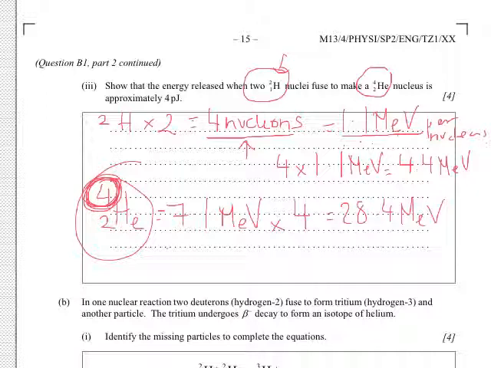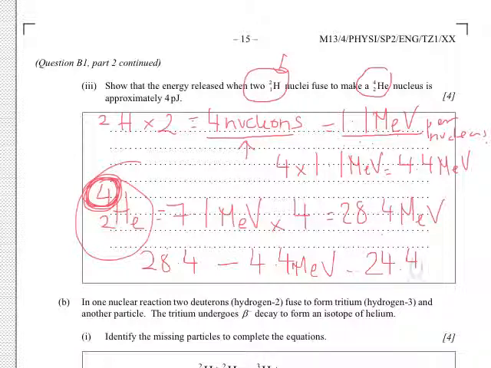So, how much energy is released? Well, the amount of energy that is released is the amount of energy available subtracted from the amount that you had in the first place. So the binding energy released would be 28.4 minus 4.4 MeV, which gives us 24 MeV.